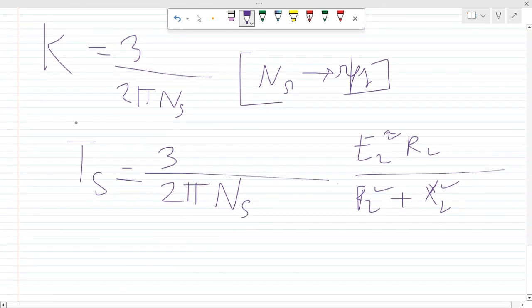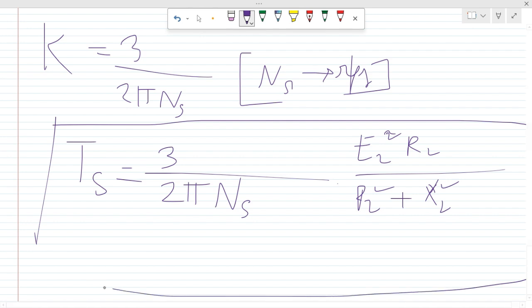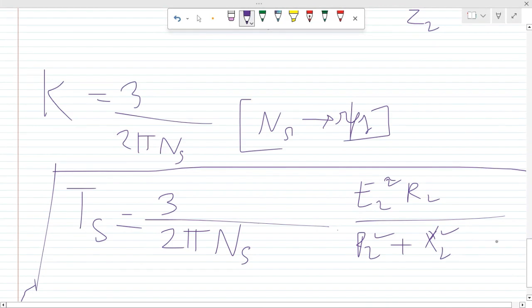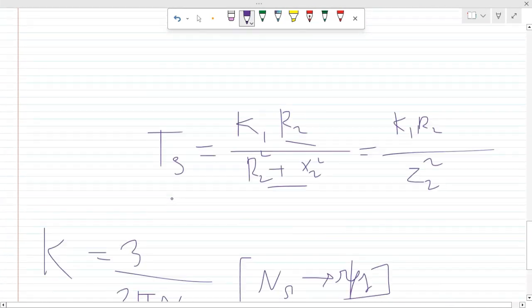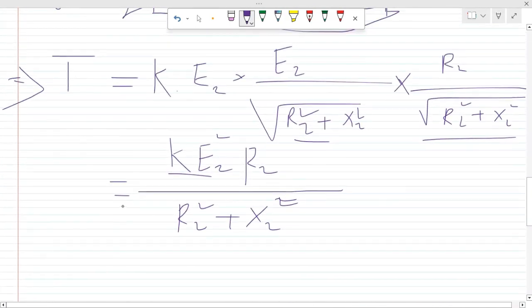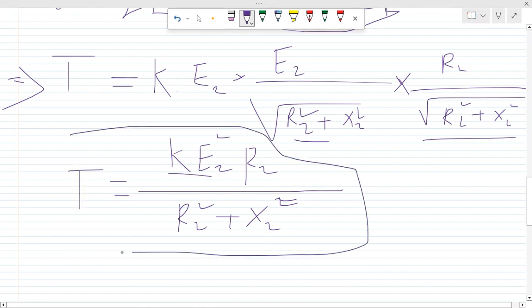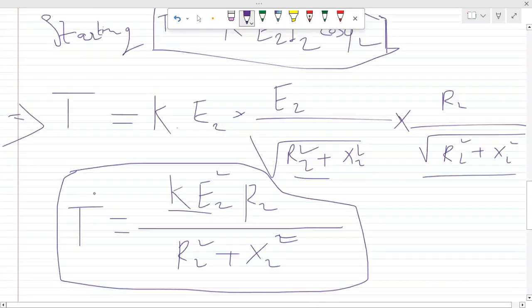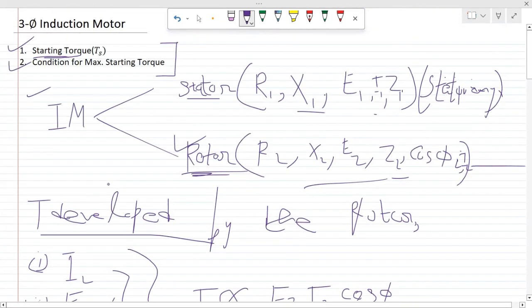Okay, so this is our required starting torque equation in rps. Or if you want to write the same equation in rpm, then divide by 60 and you can get the same value. Okay, so this is the basic equation. What you have to remember is this, and you can write it yourself also.